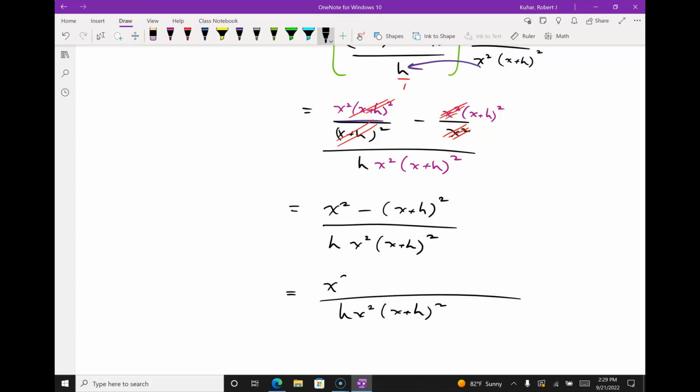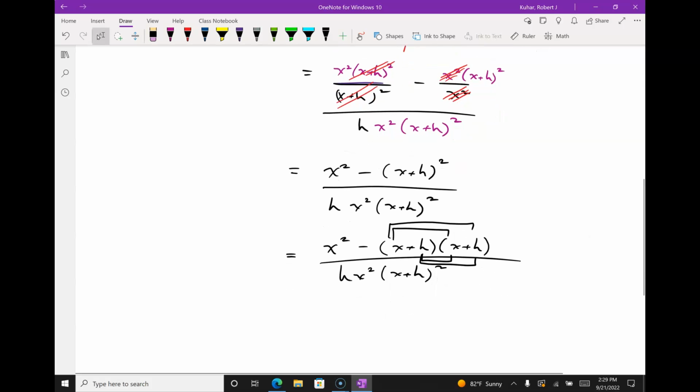Now, upstairs, I'm going to simplify, and that means x plus h times itself, right? And this is our favorite four-letter F word here, FOIL. So I get x squared plus hx plus another hx plus h squared.